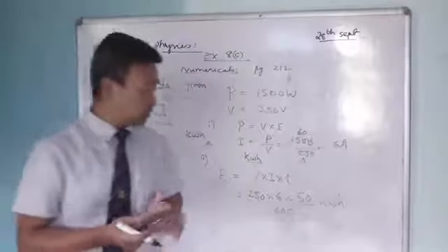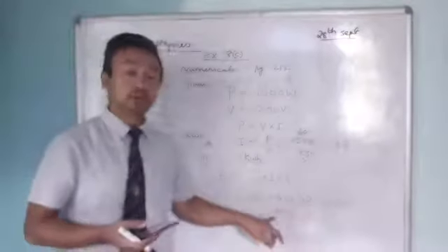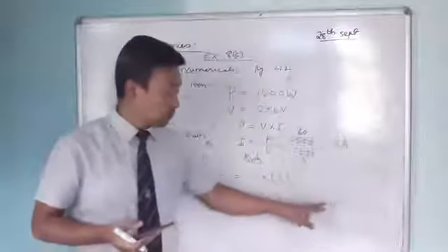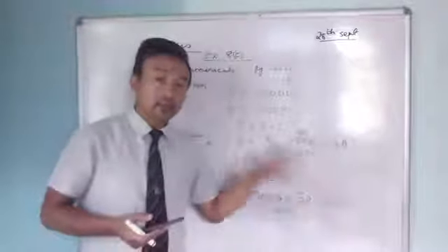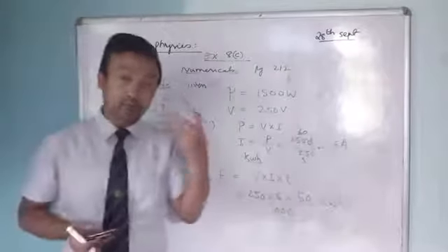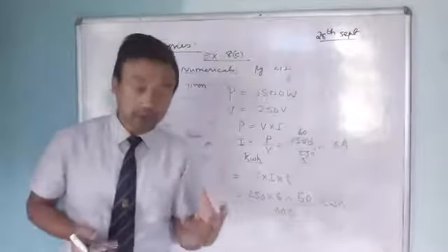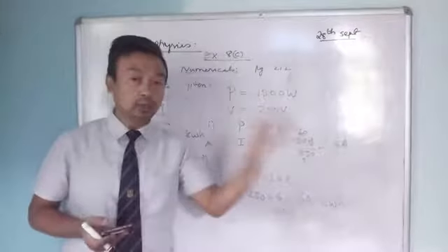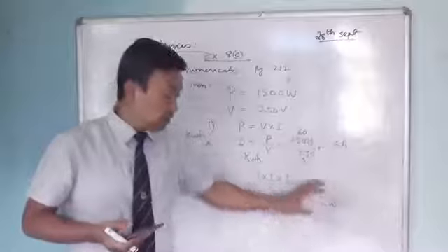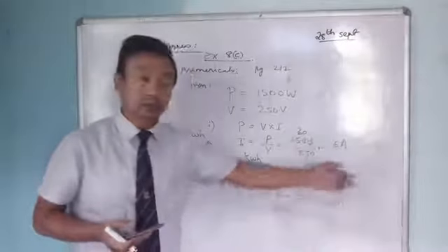Now you must be asking, why do we have to divide by 1000? Because in order to find how much energy is consumed by this geyser, we have to take into account the commercial unit, and the commercial unit is kilowatt hour. Time we have kept in hours only, 50 hours. We have not changed it into minutes or seconds.